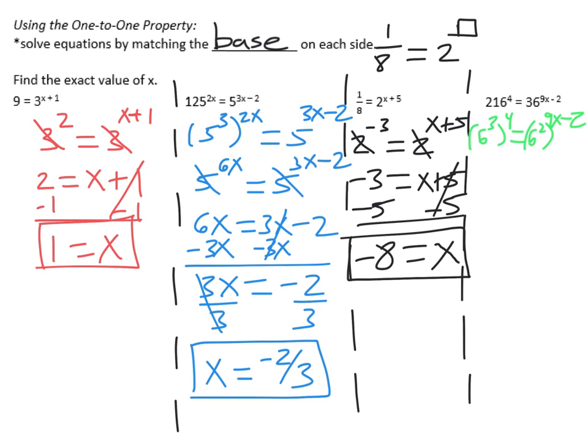Going back to that same exponential rule that we used over here, you would have 6 to the 12th and 6 to the 18x minus 4. That's exactly what we were looking for, because really all we have to solve is 12 equals 18x minus 4.